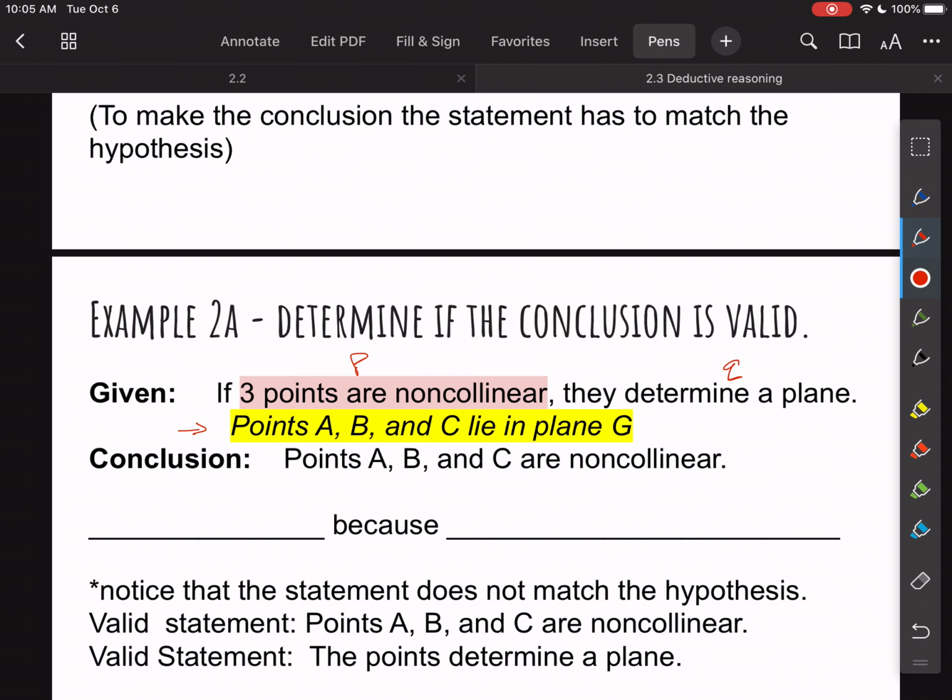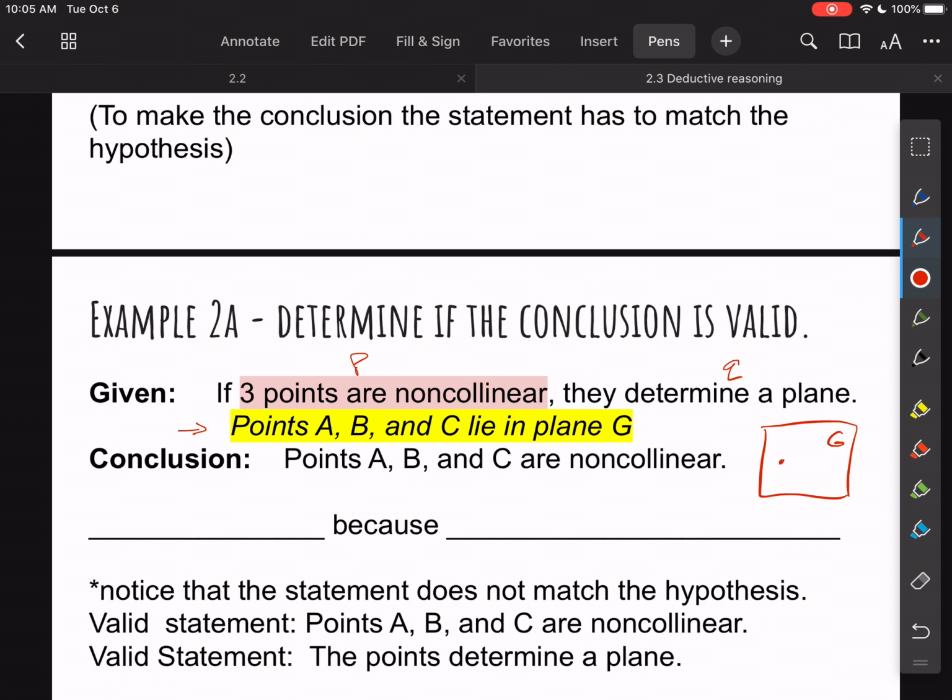So it says, points A, B, and C, those are 3 points, lie in plane G. Conclusion, points A, B, and C are non-collinear. So let's think about this, you guys. Let's just say we're in plane G, which is like a piece of paper, right? There's plane G.